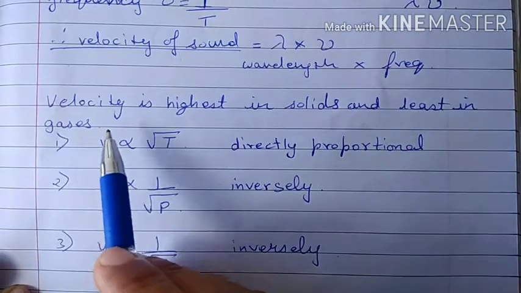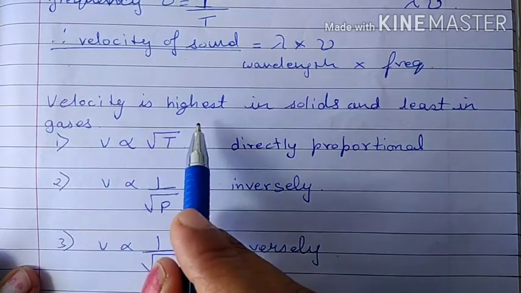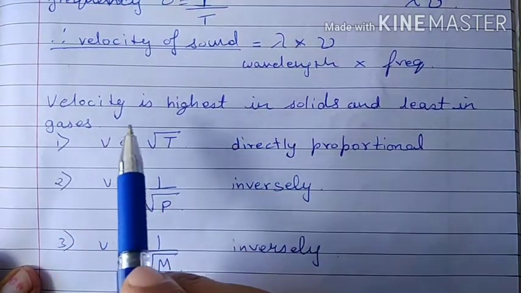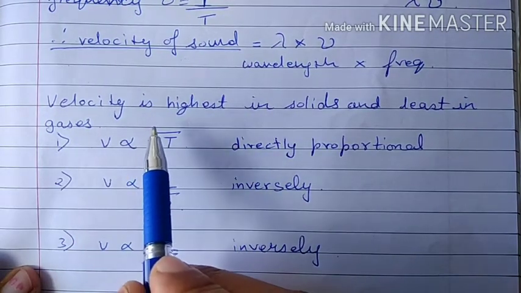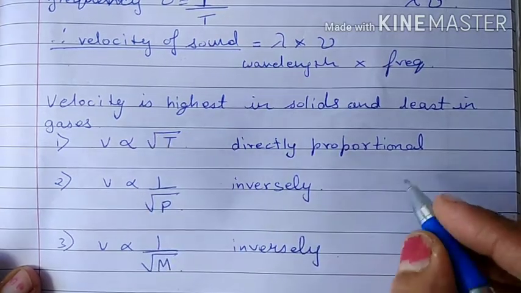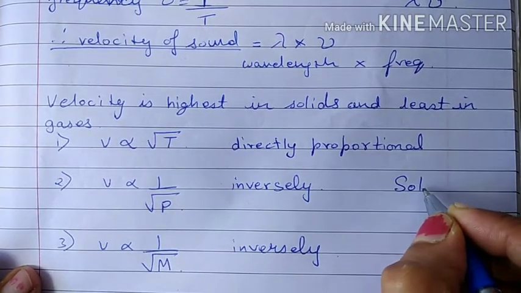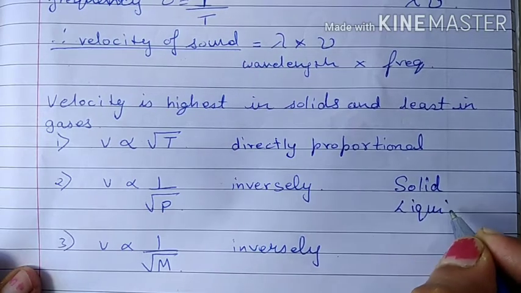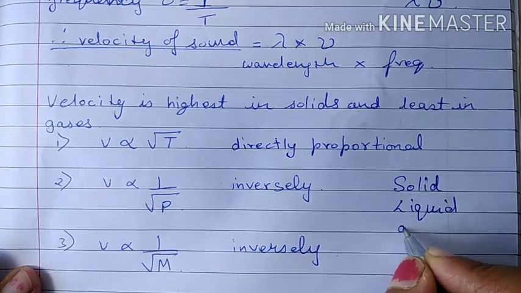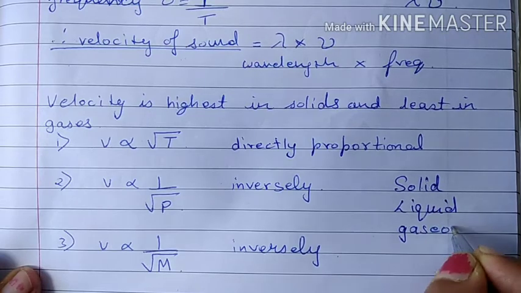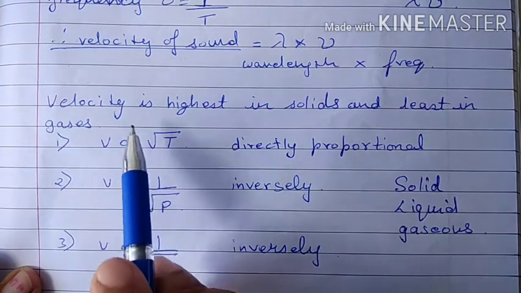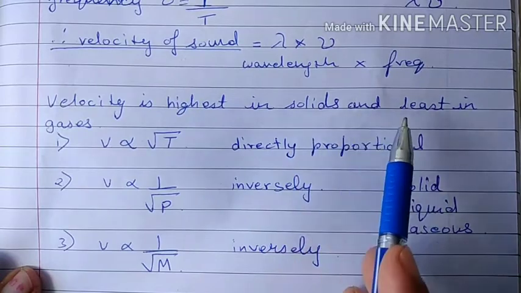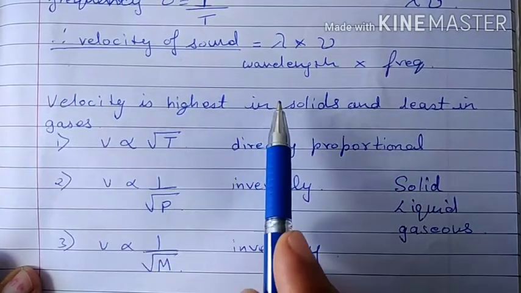A very important point, for sound to propagate or sound to traverse, it requires a medium. Without a medium, sound waves will not travel. Now the medium could be a solid, it could be a liquid, or it could be a gaseous material. Important point to remember, velocity of sound is highest in solids and least in gases.